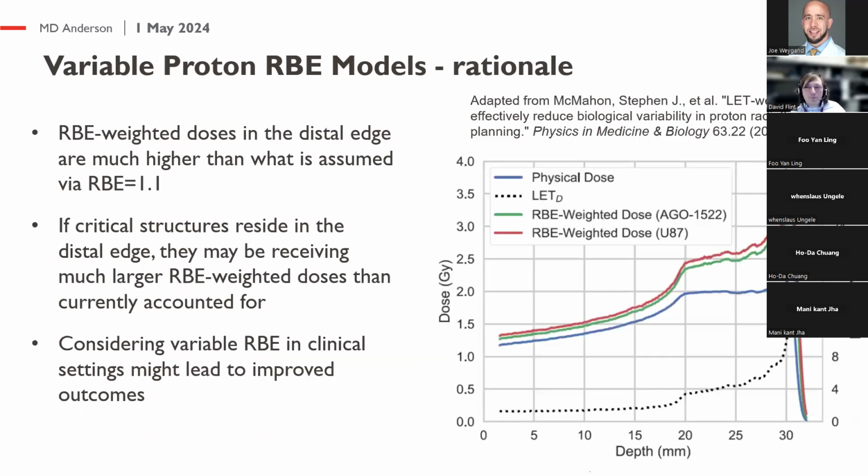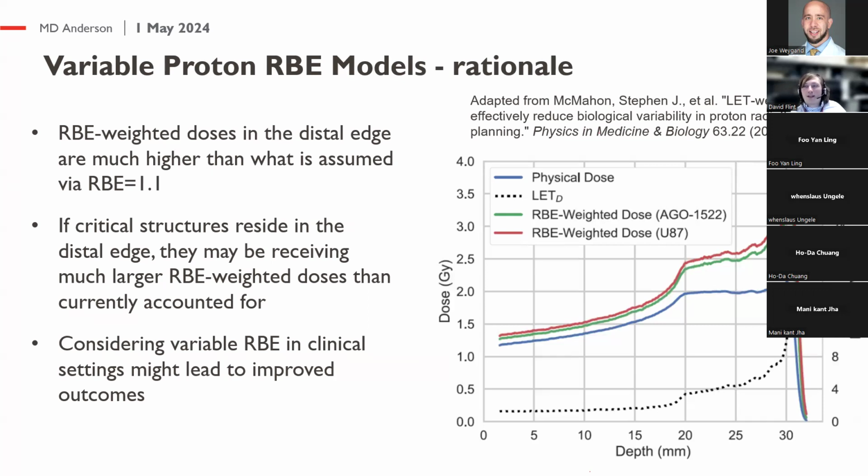This is because of the synergistic effect of the LET effect, and as you lower doses, you also tend to increase the RBE. So at the end of a proton's range, you get RBEs that are considerably higher than 1.1 because of these synergistic effects. And so if you put critical structures in the distal edge of the field, they might get considerably larger RBE-weighted doses than you planned for.